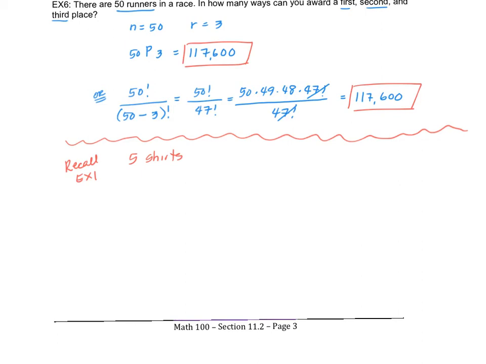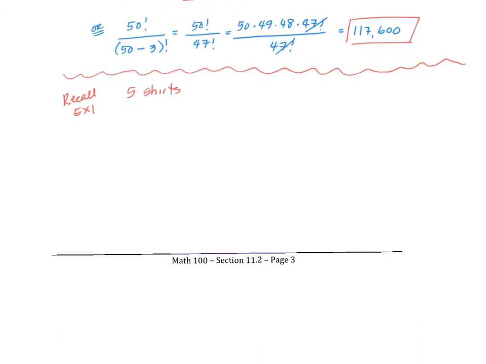Notice that I can use the permutation formula. I have a total n, which is 5, the total number of shirts. How many shirts am I choosing? I'm choosing all 5. So my permutation formula would be 5P5.